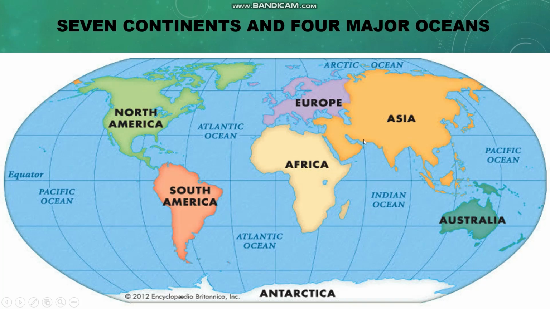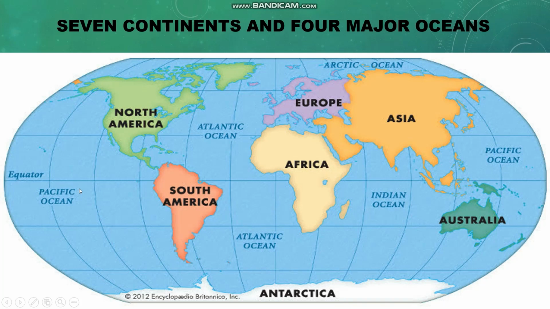And now let's see about major oceans. The large water bodies on the Earth are called oceans. There are 4 major oceans: Pacific Ocean, Atlantic Ocean, Indian Ocean and Arctic Ocean.